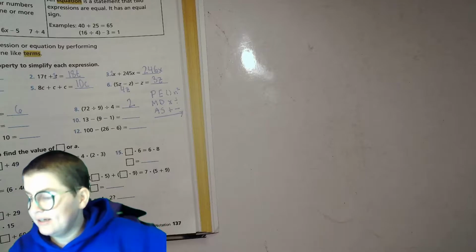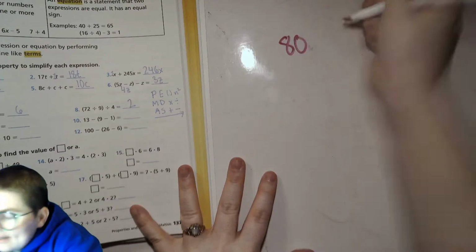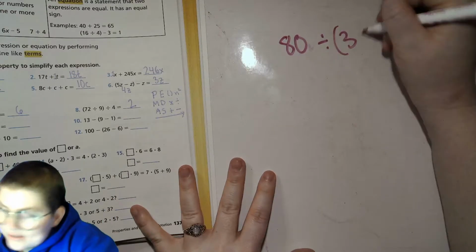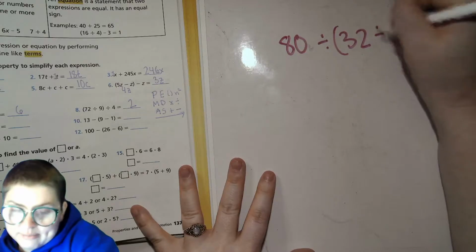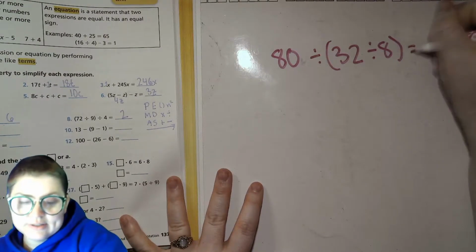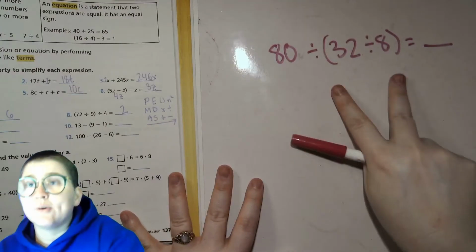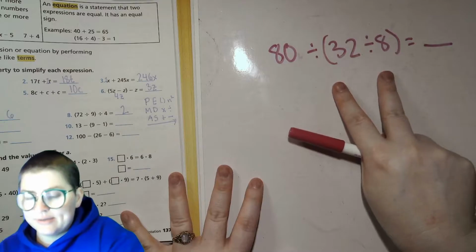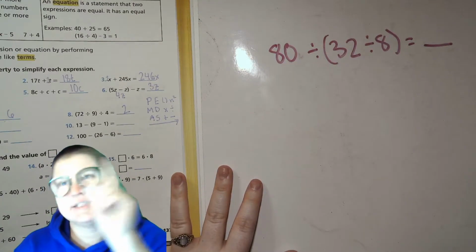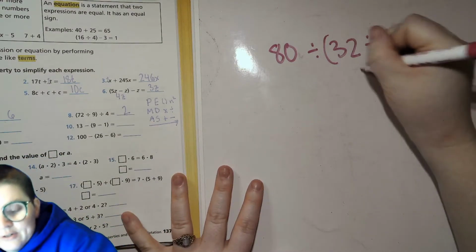Okie dokie. Number 9, let's write it out. We got 80 divided by parentheses 32 divided by 8, close parentheses, equals something. What do we do first? Order of operations says parentheses, right? So what is 32 divided by 8? 8 times 4 is 32, so 32 divided by 8 is 4.